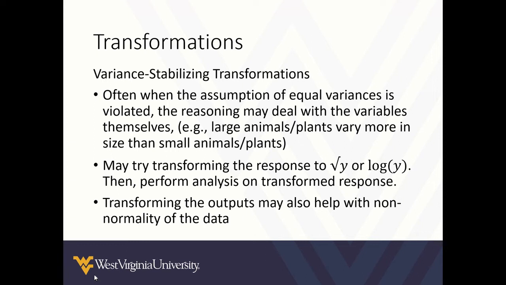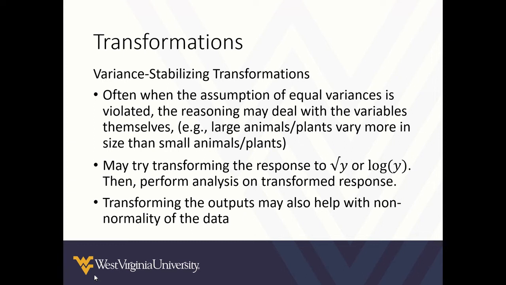And so we have to be aware of that, think logically, and we may have to do a transformation of our response, either take the square root or a logarithm, and then perform our analysis on this transformed response. And a lot of times when we do these transformations of our responses, it even helps with our non-normality assumption if we were to reassess our graphs.